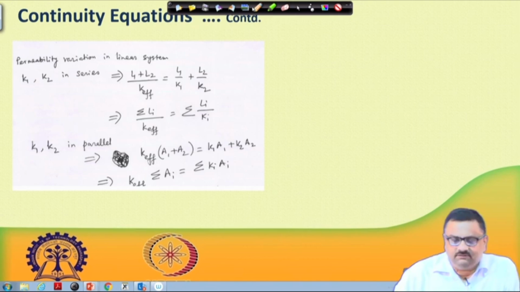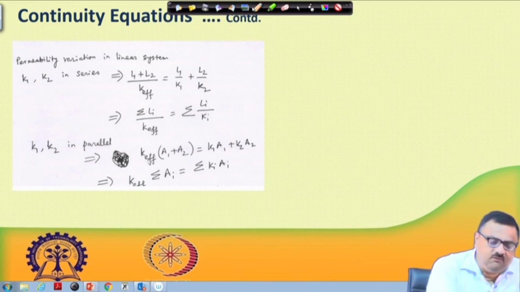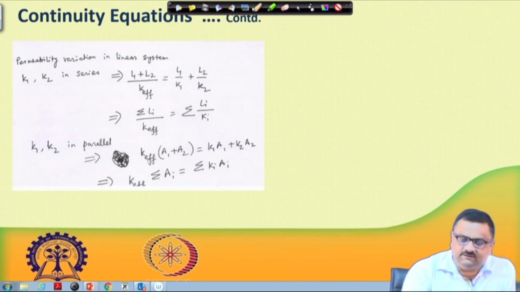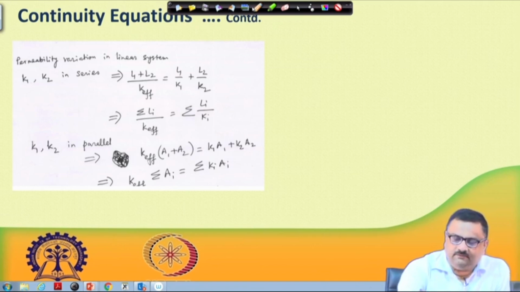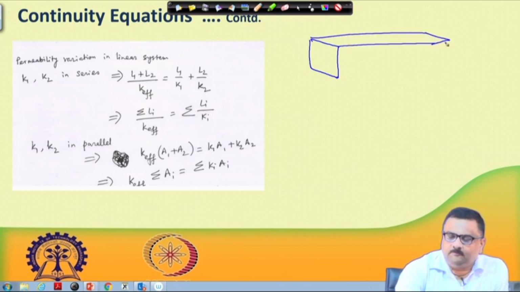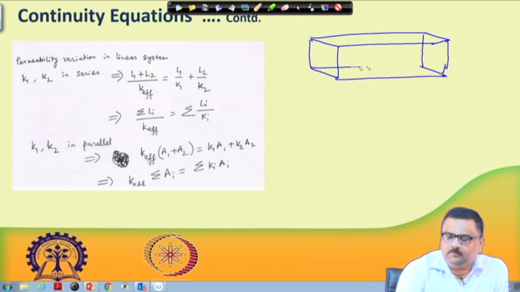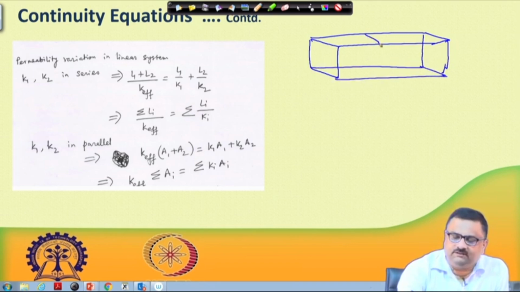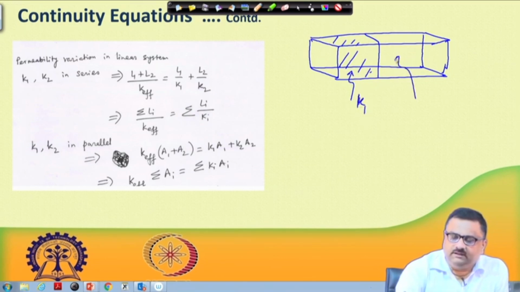So, here you can see that when K1 and K2 are in series, that means if you have a core where up to a certain length the permeability was K1, and beyond that length the permeability is K2.